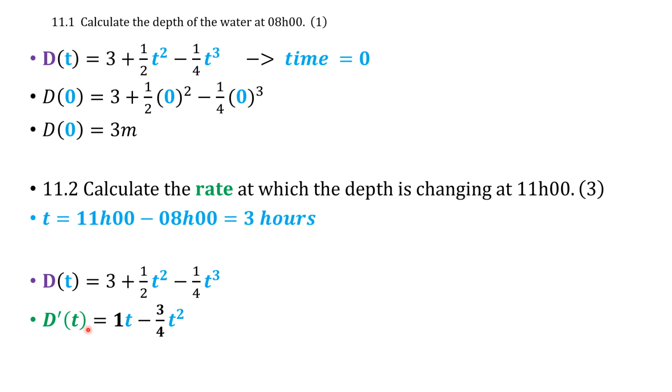So my first derivative, remembering the derivative of a constant is 0, is 1t minus (3/4)t². But we want the rate at 11, so that is 3 hours later. So in the place of t now, I'm going to place 3.